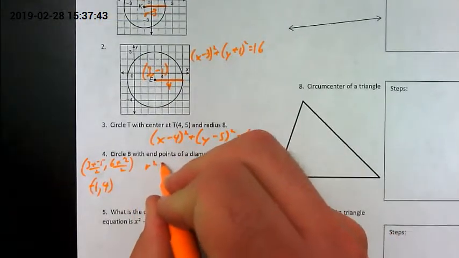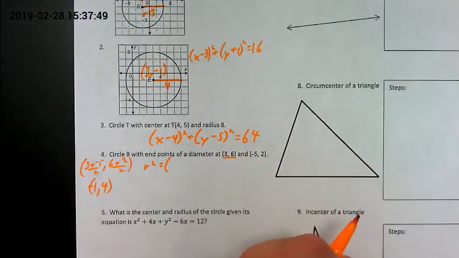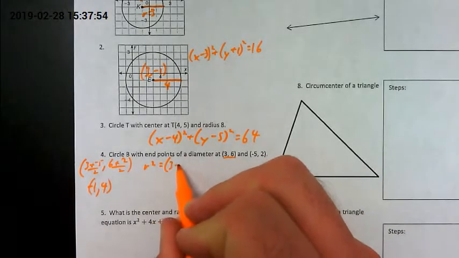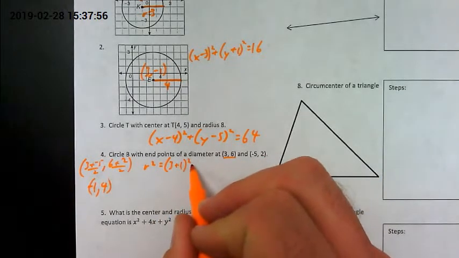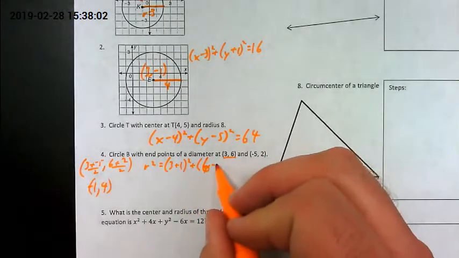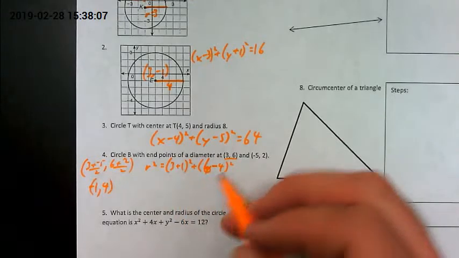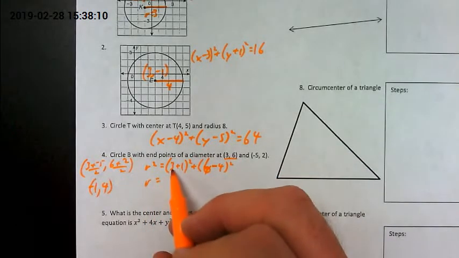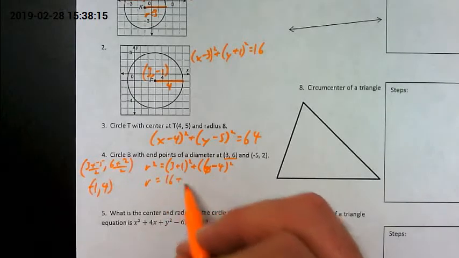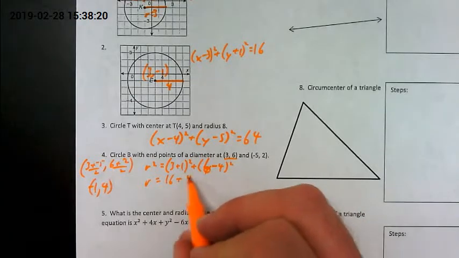Now, we can use our formula, plug it into that formula, to find our radius squared. It doesn't matter if you write r squared at the beginning or the end. R squared equals, I'm going to use that coordinate as my x and y values. We could use the other one as well. Either one works. So 3 plus 1 squared plus y minus, 6 minus 4 squared, because again, we're plugging in 3 and 6 for the x and y. 3 plus 1 is 4. 4 squared is 16. 6 minus 4 is 2. 2 squared is 4.